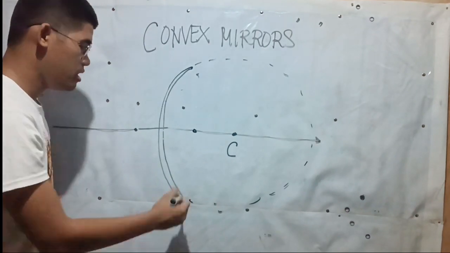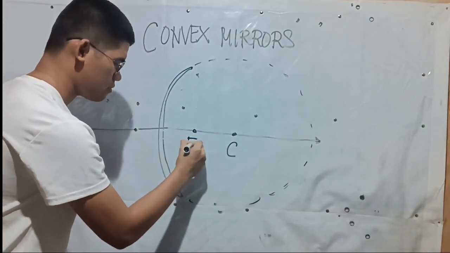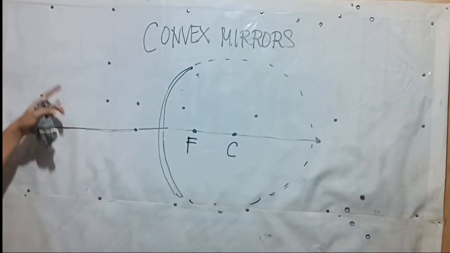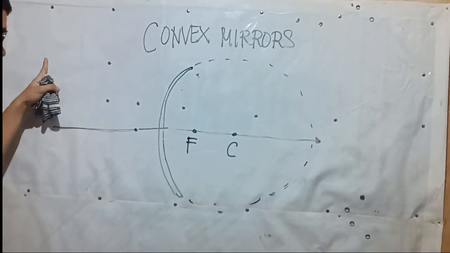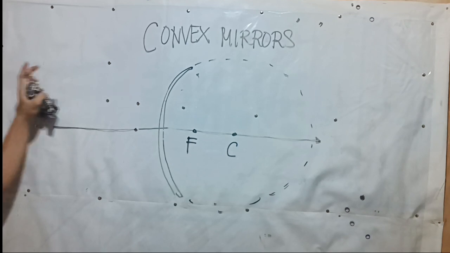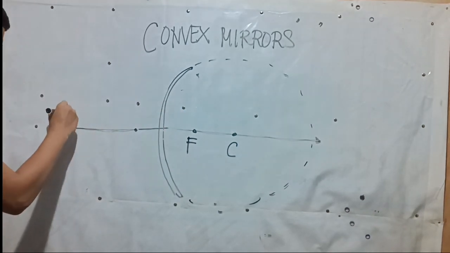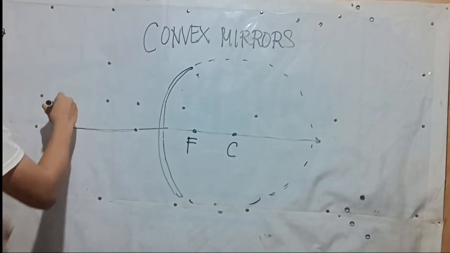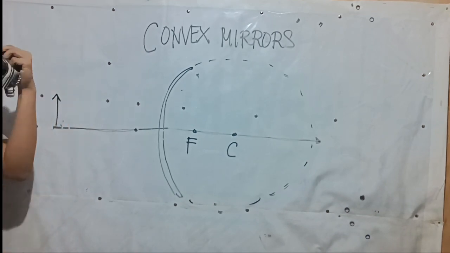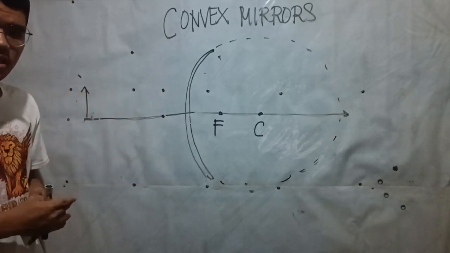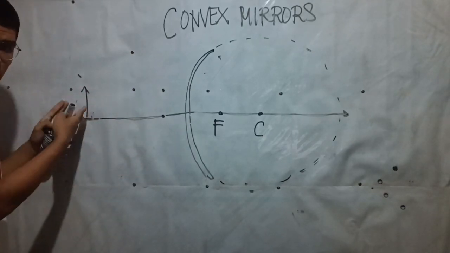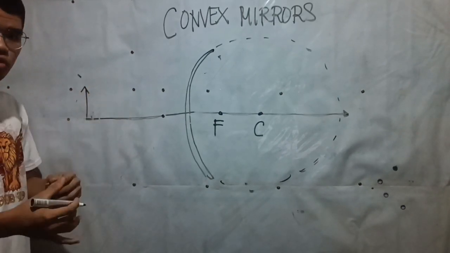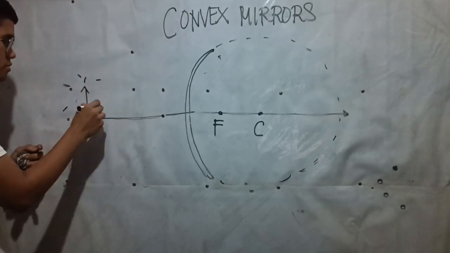Let's label it with the letter F. This is our focal point. Now, our light rays will come from the side. Let us put our object right here. If light is projected from an image, then all rays will come forth in different directions.